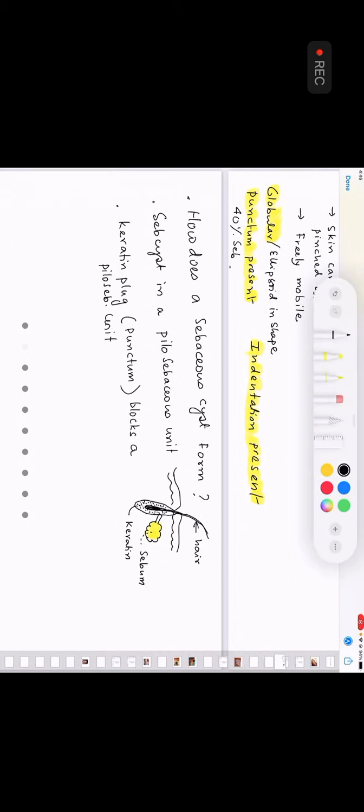When a punctum blocks the pilosebaceous unit, as you can imagine, there will be a cyst formation.